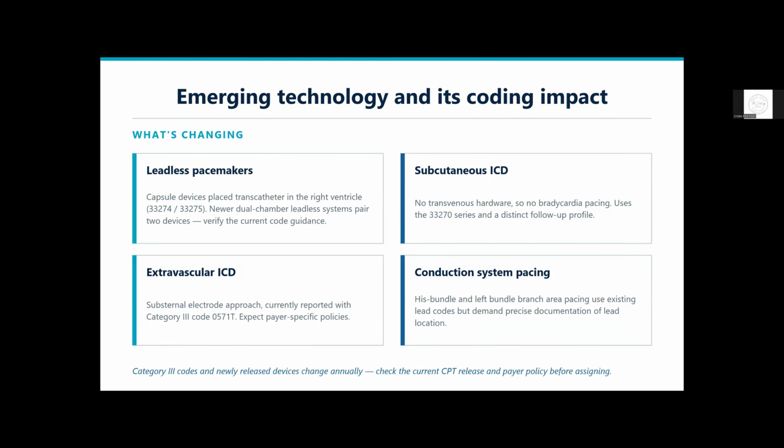Extravascular ICDs use Category 3 0571, and payer policies do vary. Conduction system pacing uses existing lead codes but requires precise documentation. Category 3 codes and device releases change annually, so always check your current CPT and payer policy.